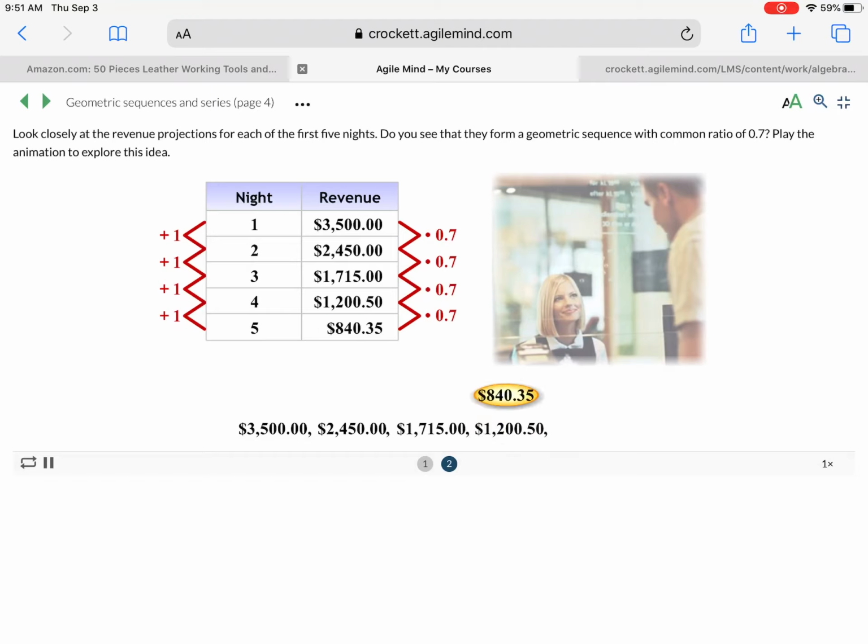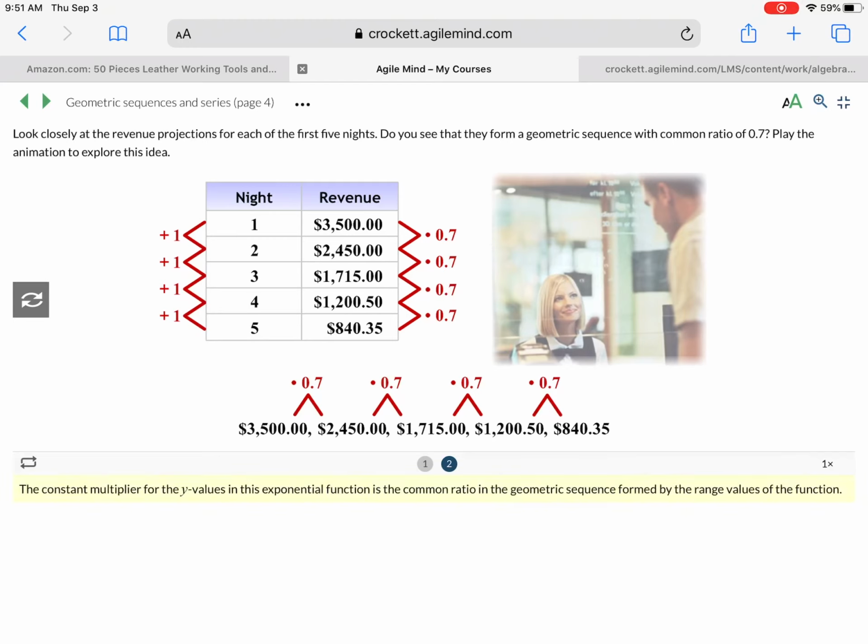Now it's just showing you again all the revenue. The constant multiplier for the y values in this exponential function is the common ratio in the geometric sequence formed by the range values of the function.